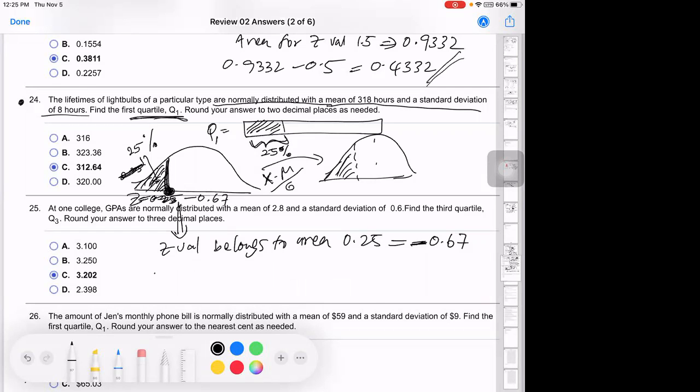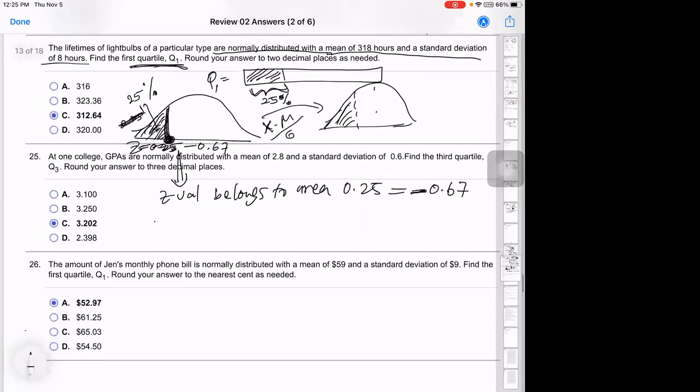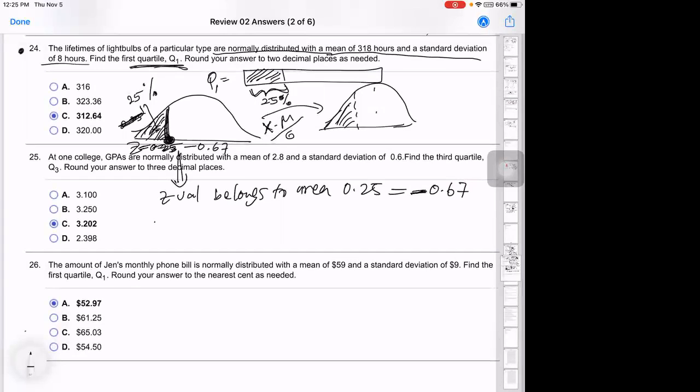I need more space, so I'll use these spaces. Z equals X minus mu divided by sigma. You found the Z value, negative 0.67. But what they ask is the first quartile from the normal distributed case.